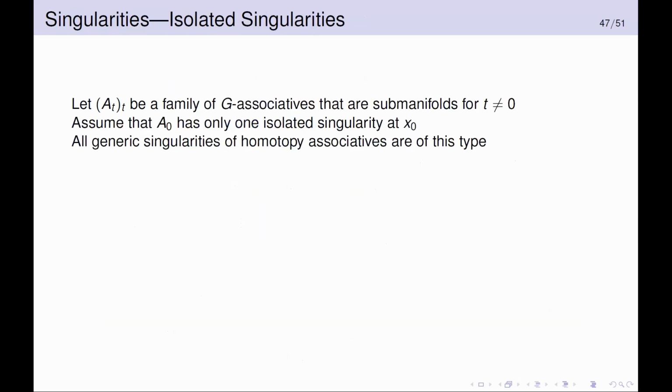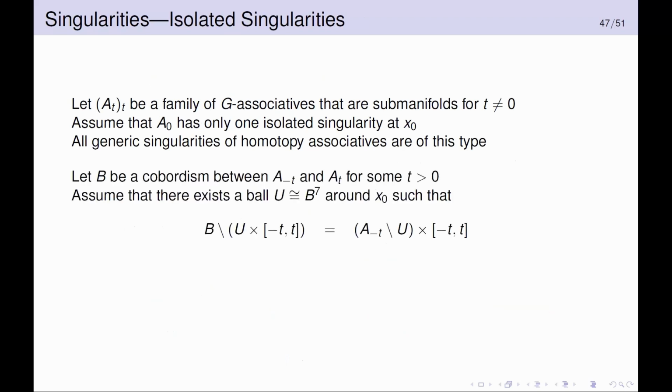Now a true isolated singularity at one point x0 and A0. And this is, from the topological point of view, the generic situation. We pick one instance. But first of all, again, the strategy: if we have a cobordism between the manifold before and after the singularity, let's assume that actually there is a ball around x0 such that outside that ball, the manifold doesn't change at all.